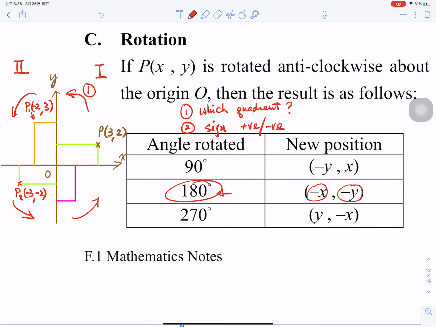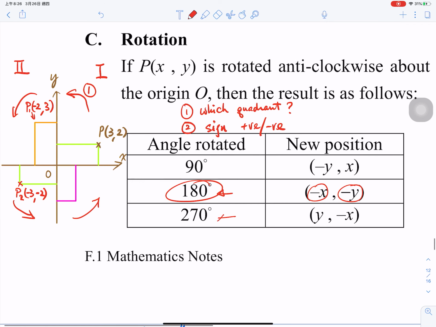And lastly, if 270 degrees, then what happens? You can think of it this way: 270 means from the first quadrant to the fourth quadrant. And in the fourth quadrant it is positive, negative. So P3 here, the rectangle changes the length and the width, so 2, 3, with a negative y coordinate.